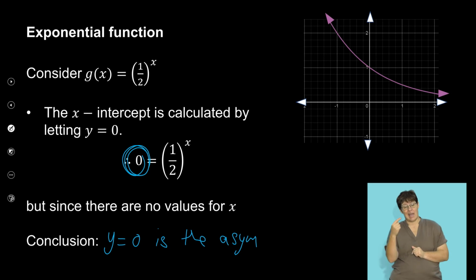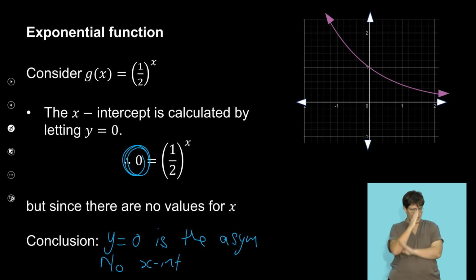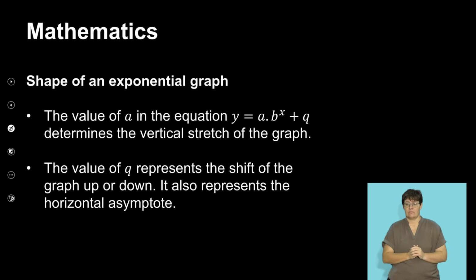Asymptote. And then the other important thing is that there is no x-intercept. Is there a y-intercept? Yes, because this graph is crossing through the y-axis there, right? So only the horizontal axis is the one that the graph is not crossing through.